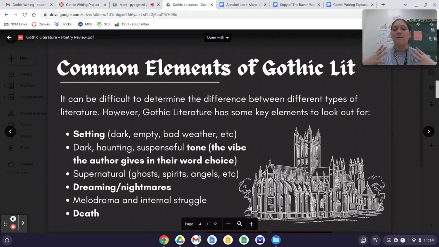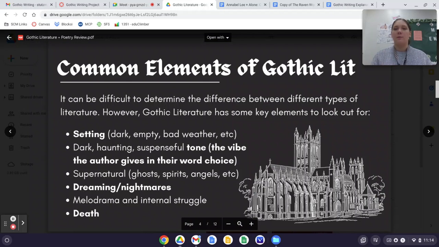The tone or the vibe has to be dark, haunting, or suspenseful. So you don't want to say the bright, cheery sun, because that wouldn't be suspenseful or haunting. You would say the glaring sun, or the sun rays stabbed me in the eyes. There's a way to describe things that gives more of a Gothic vibe.